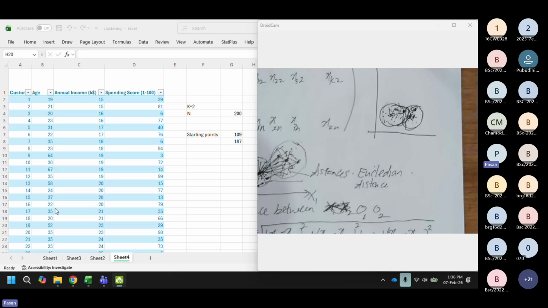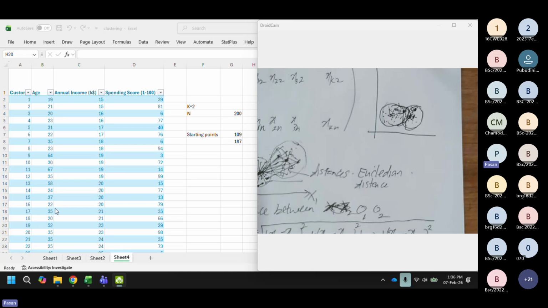So you can repeat it again by changing the number of clusters. And also it depends on your starting point as well. So based on your two starting points, they might have a different outcome.